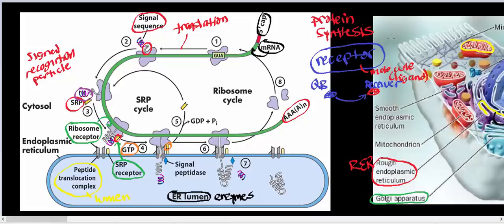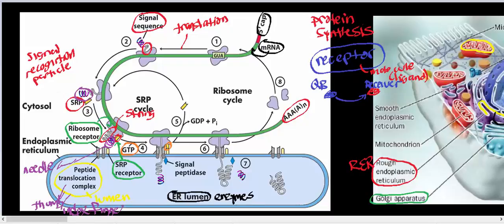And then the rest of this protein, which I circled in red, that's the string. The signal sequence is the needle, and the peptide translocation complex is your thumb and index finger.